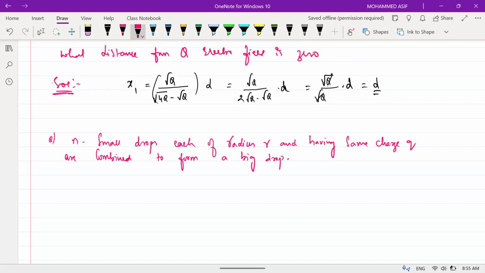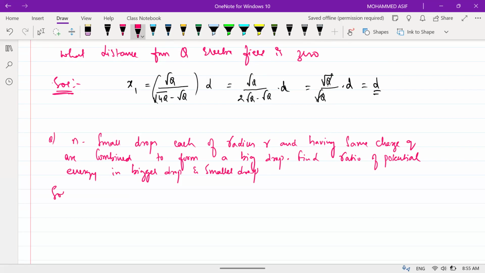Find the ratio of potential energies in the bigger drop and the smaller drop.